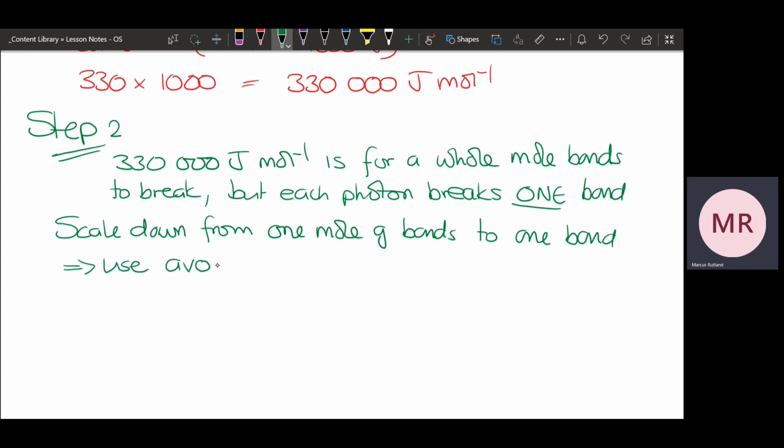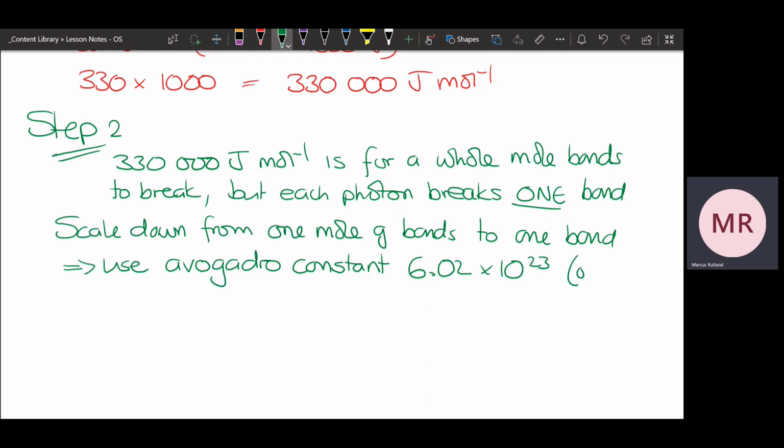That tells us how many of something there is in a mole. A mole of anything, remember, might weigh different amounts for different substances, but what actually defines it is that it is simply the Avogadro constant number of formula units of anything. So that is 6.02 times 10 to the 23.